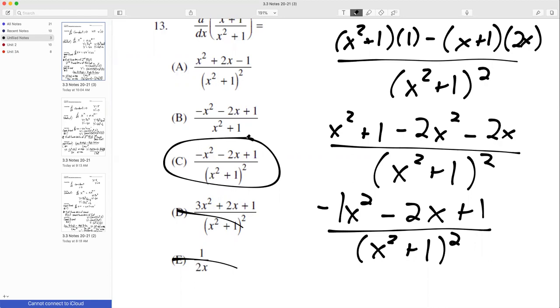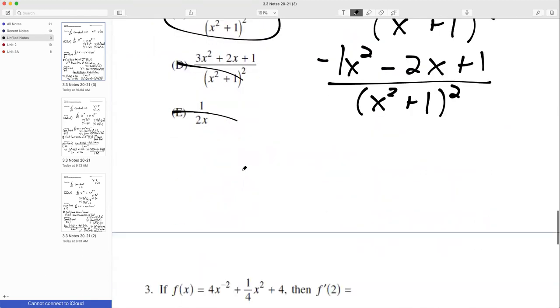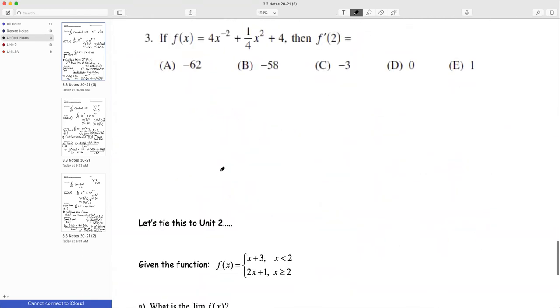Okay. So quickly now, I've got 2 more. If f of x is equal to 4x to the negative 2 plus 1/4 x squared plus 4, then f prime of 2 is what? Okay, so try that real quick. Write the derivative for me first.